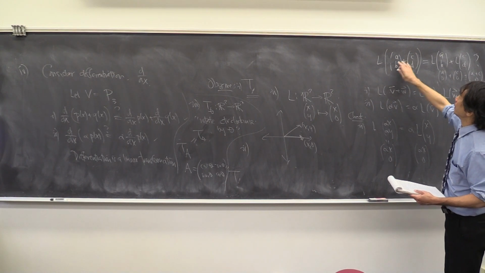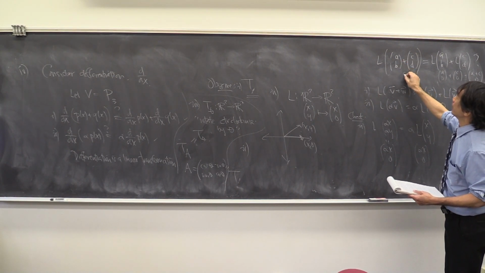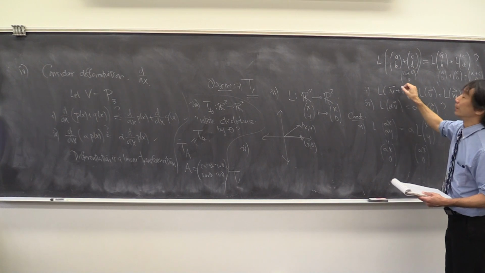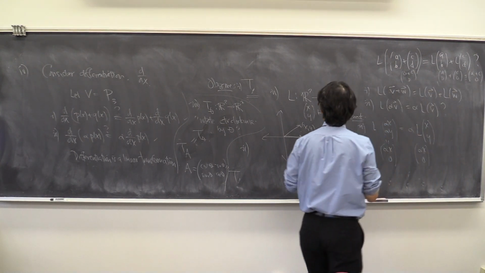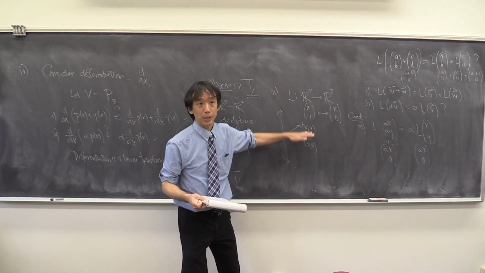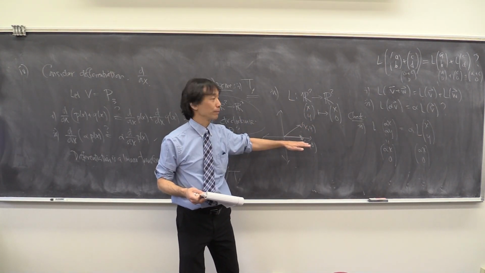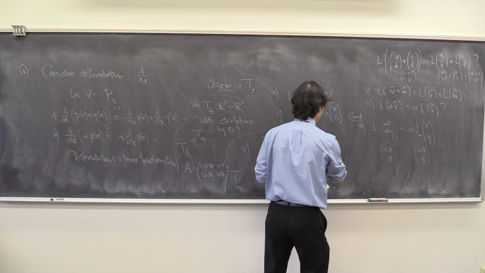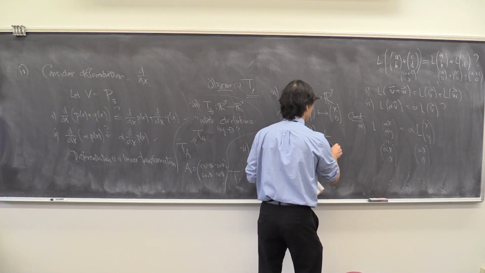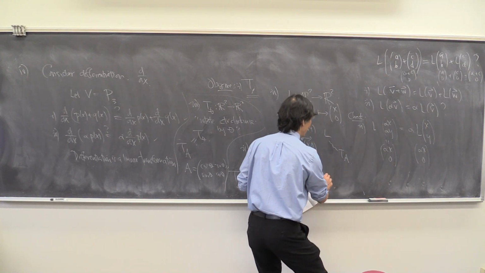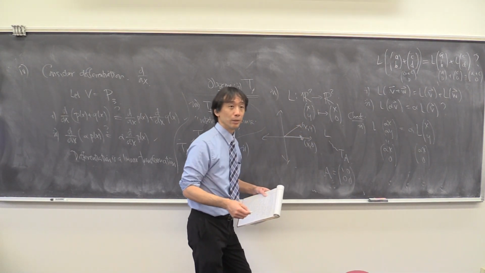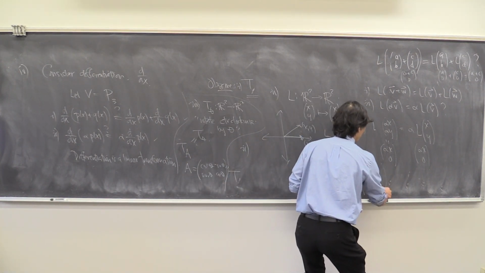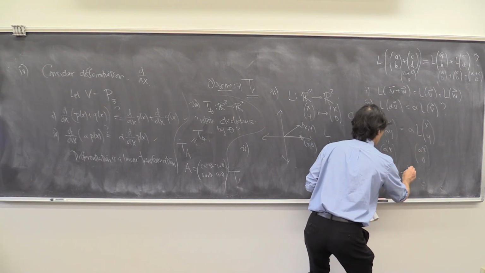And here you get A plus C, B plus D, which gets mapped to A plus C comma 0. So this projection is also a linear transformation. And this L corresponds to left multiplication by the matrix 1, 0, 0, 0, because when you multiply x, y by that matrix, you get x, 0.